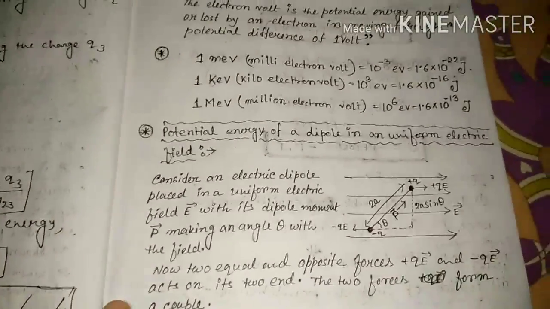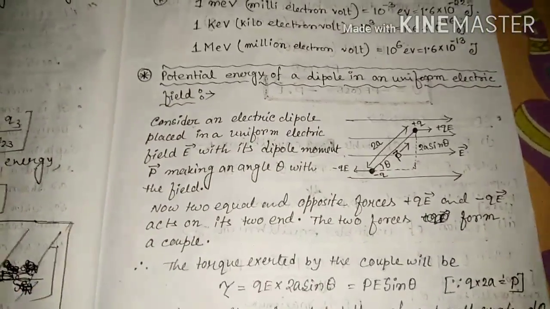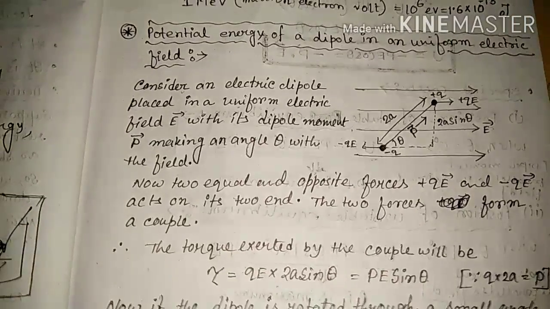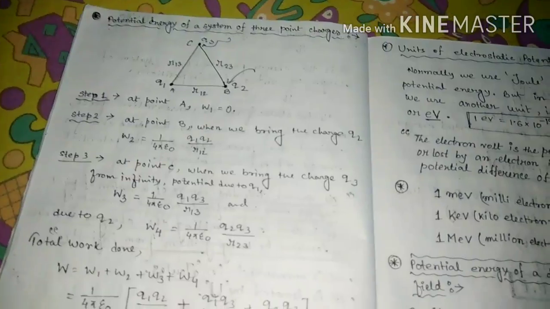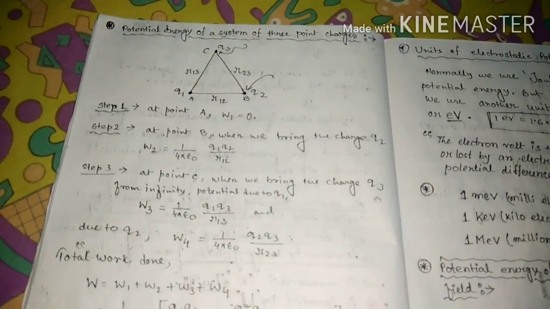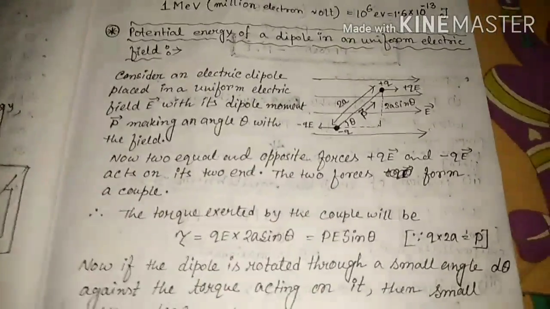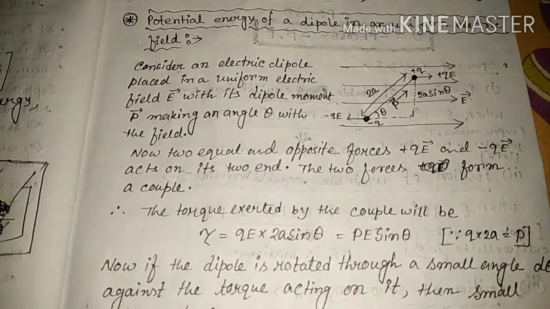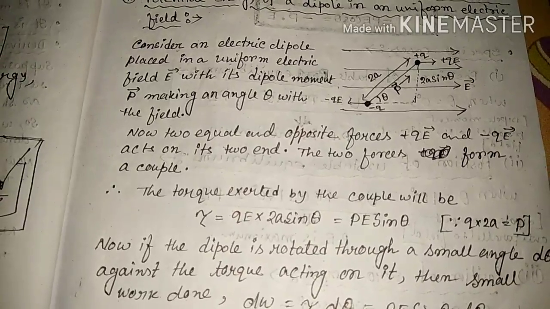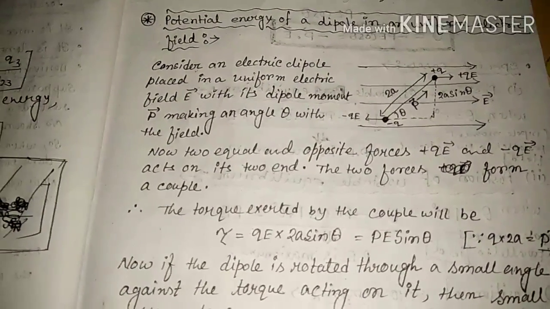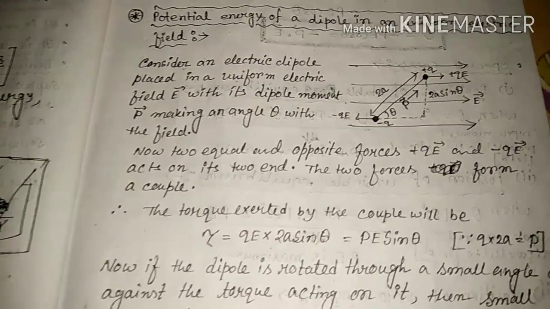Next, potential energy of a dipole in a uniform electric field. In the last topic we studied the potential energy due to 3-point charges and 2-point charges. Now due to a dipole. Dipole means two equal but opposite charges separated by a distance. Di means two, there are two poles, that's why dipole.